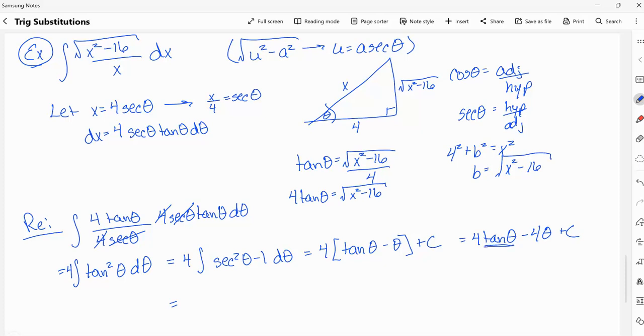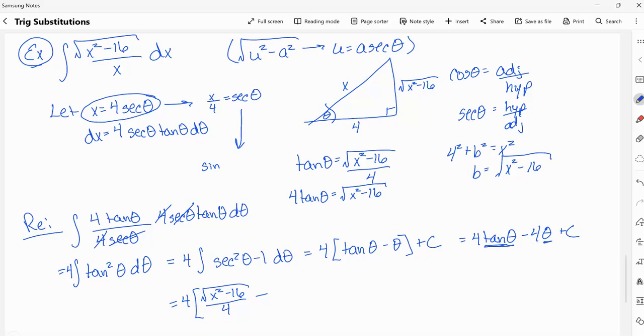So we're going to substitute back in for these guys. We know tangent was equal to that square root of x squared minus 16 all over 4. And then theta is going to come from what we chose for x here. So if I want to get theta by itself, I would divide by 4, and then I would take the inverse secant of both sides.